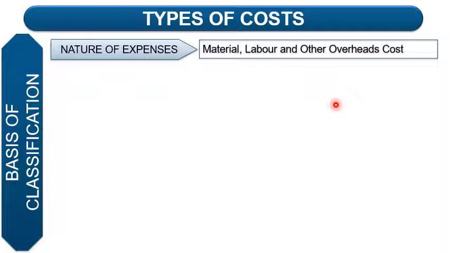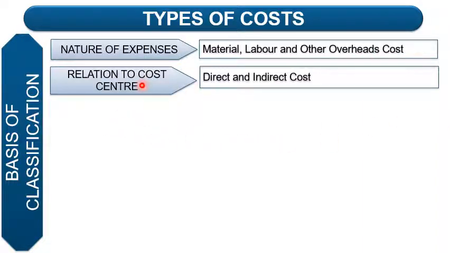All other overheads, excluding material and labor, come under this head: factory expenses, selling and distribution expenses and administrative expenses all come under the heading of overhead cost.